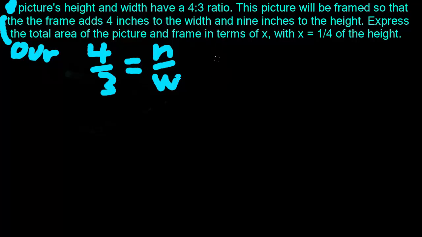So what we can do is cross multiply that: 4w equals 3h.